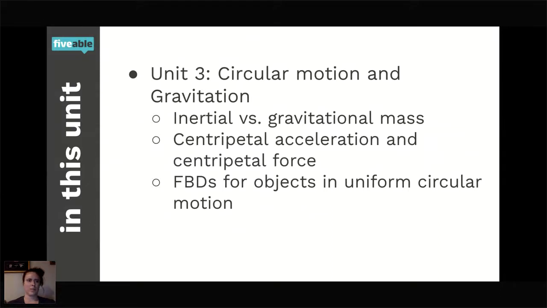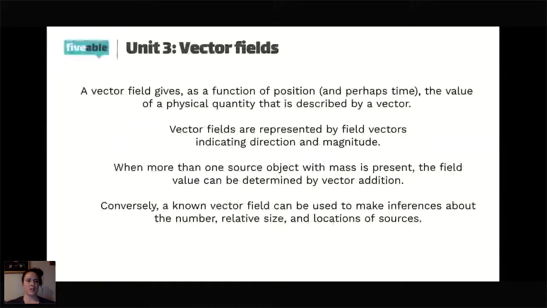It's really small. Basically, all you need to remember is that your vector field gives a function of position and sometimes time, but I would be very surprised if you get a time-dependent field on AP Physics 1. But it tells you the value of that physical quantity, and it's described by a vector. So vector fields are represented by field vectors indicating direction and magnitude.